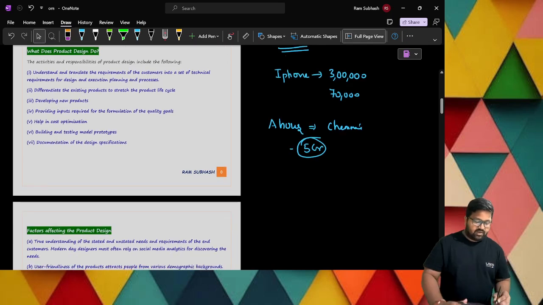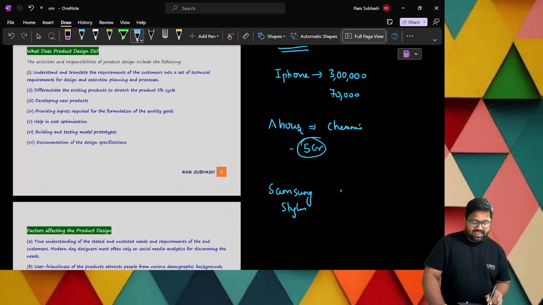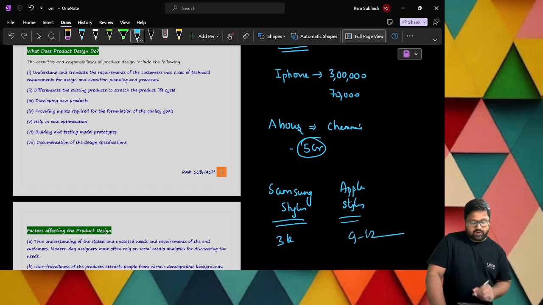For example, the Samsung stylus and the Apple stylus. What is the price of the Samsung stylus? It is around 3K. What is the Apple stylus price? It is around 9 to 12K. So the price being fixed makes the product good or bad.